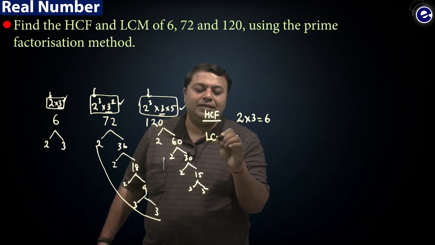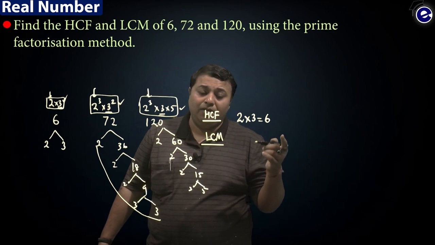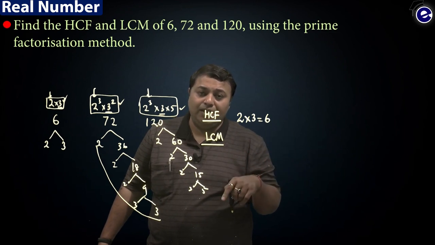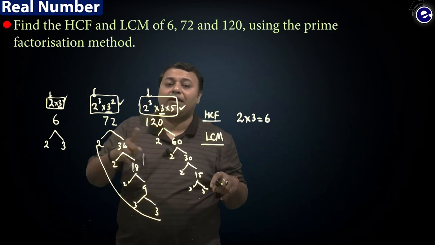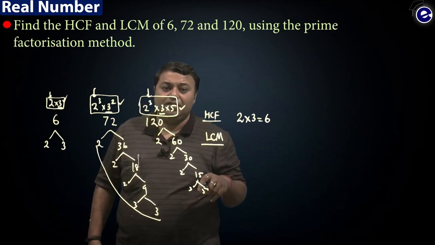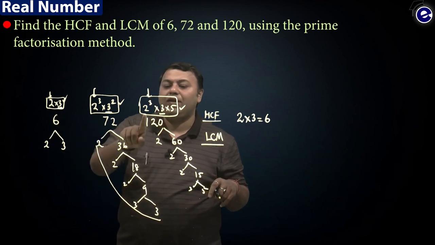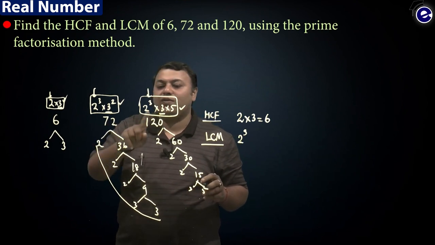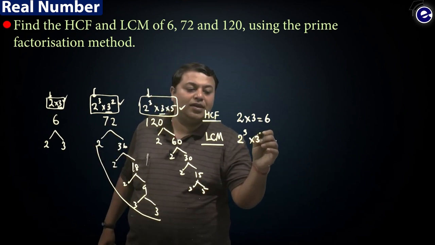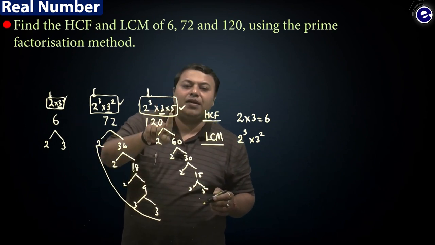When I talk about LCM, the lowest common multiple, you have to find the highest power of every factor. The highest power of 2 is 2 cube. And of 3 it is 3 square. And what is the highest power of 5?